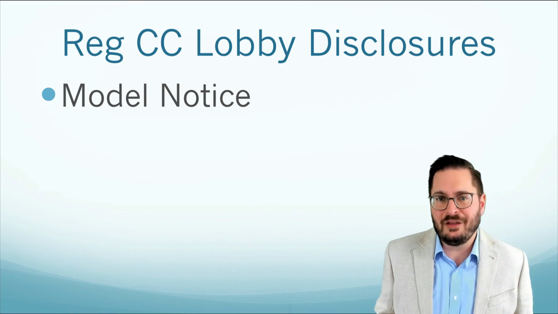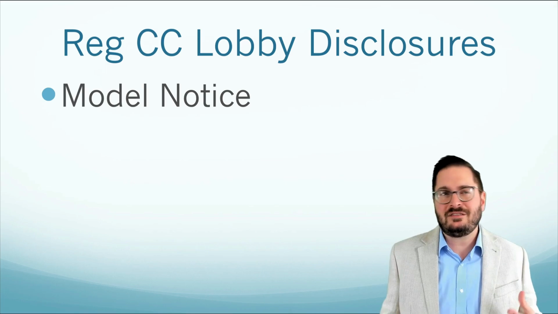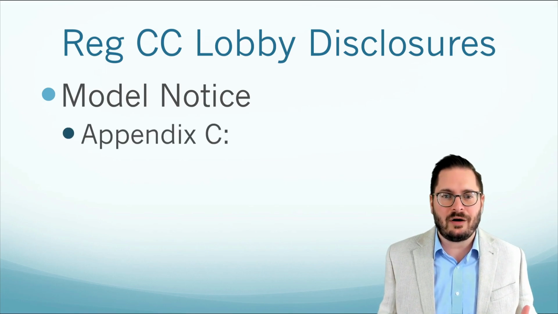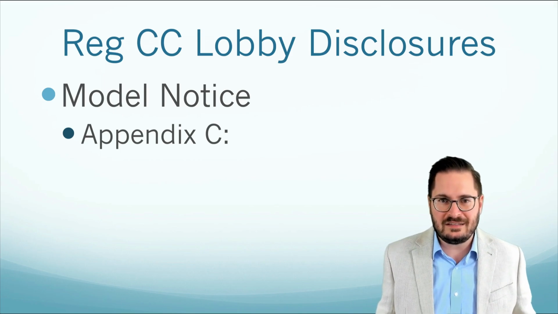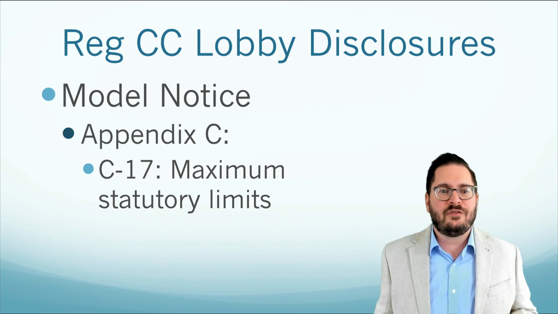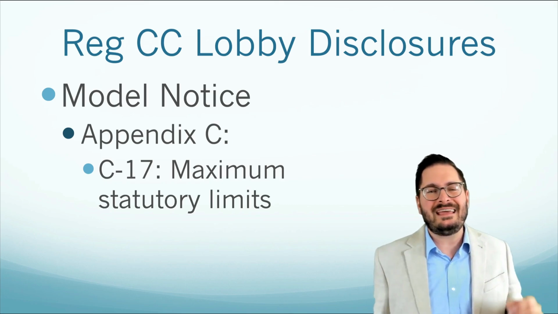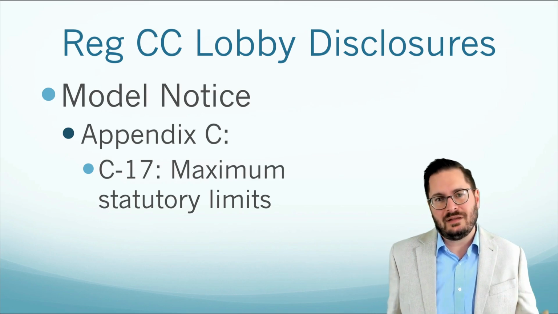Now, as far as the model notice, the regulation itself gives us a sample notice that sort of provides a safe harbor for us, and it's found in Appendix C, where all the model notices are for Regulation CC. Specifically, there are 2 notices for us to choose from. The first notice is Model Form C17, which provides the maximum statutory limits.